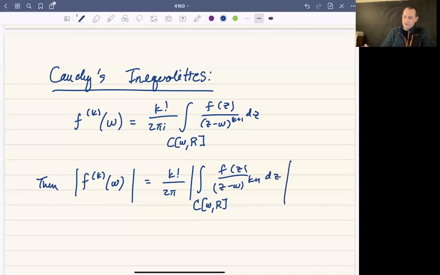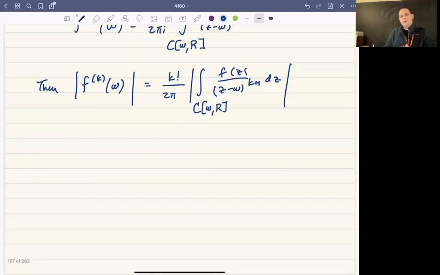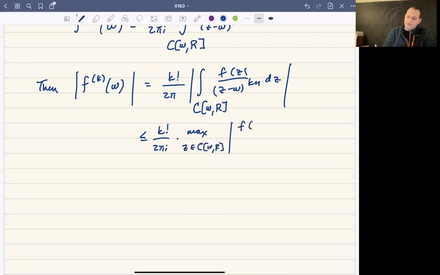dz. Okay, and then we're going to apply what I call the ML theorem, that this is less than or equal to the maximum times the length. So this is going to be less than or equal to k factorial over 2 pi times the maximum value, for z in gamma, being the circle centered at w of radius r, of the modulus of f of z over (z minus w) to the k plus 1, times the length of this curve, the circle centered at w of radius r.